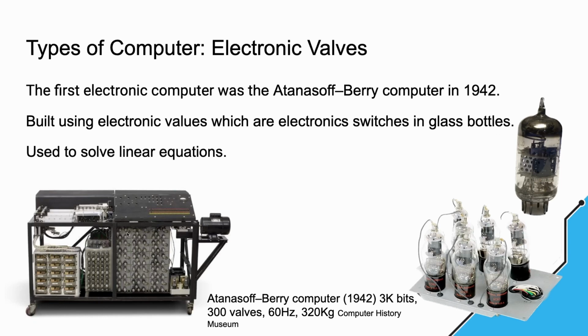And this computer had over 300 of these valves, which you can see in the bottom here and over here as well, to do its job. And essentially it was used to solve linear equations. And it was a monster, weighing over 320 kilograms. And over here you can see some of the valves as they were installed in the computer. So each valve is basically one electric switch.